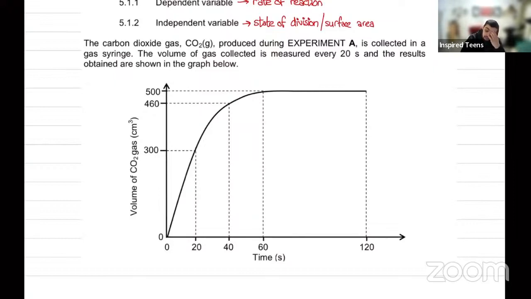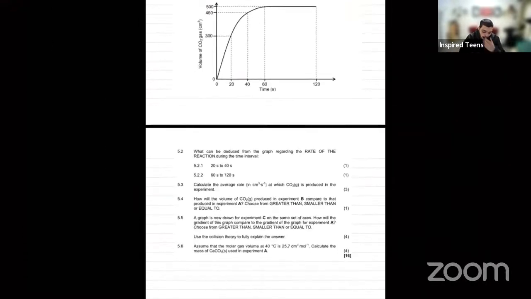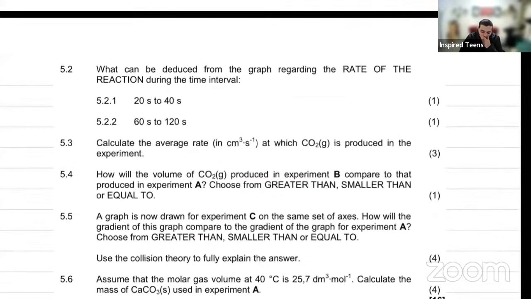Okay, so the volume of CO2 being produced from 0 to basically 60 seconds. Anything we need to note? No. Okay, 5.2. What can be deduced from the graph regarding the rate of the reaction during the time interval 20 to 40 seconds?